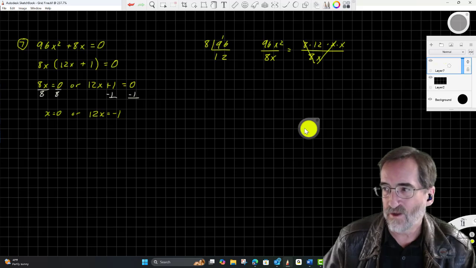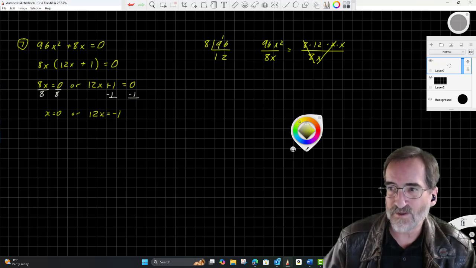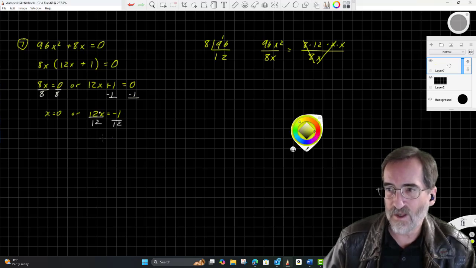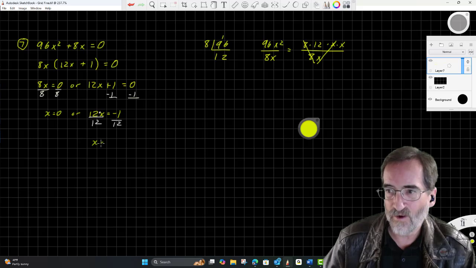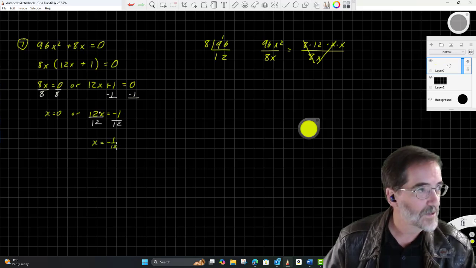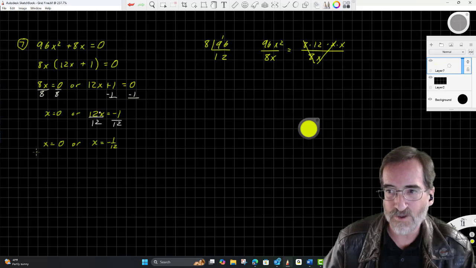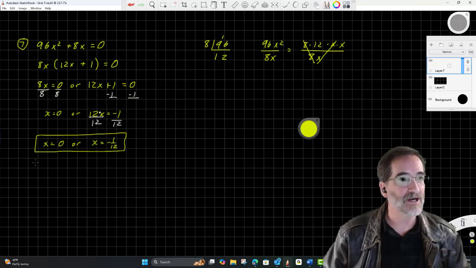The opposite of times 12 is divide by 12. So x equals negative 1/12. And again, my disagreement with this is x equals 0 or x equals negative 1/12. We really shouldn't use the word and, because that would imply they can both be true at the same time, and they cannot.